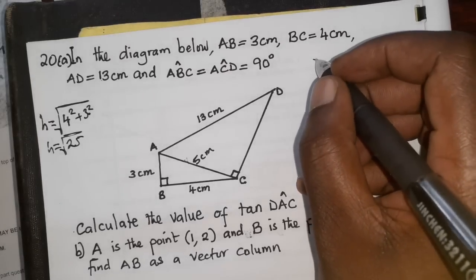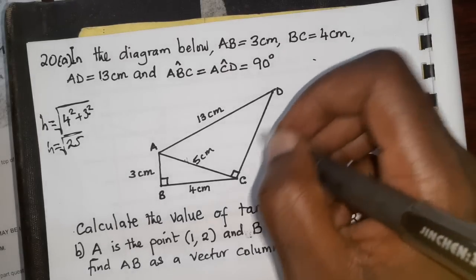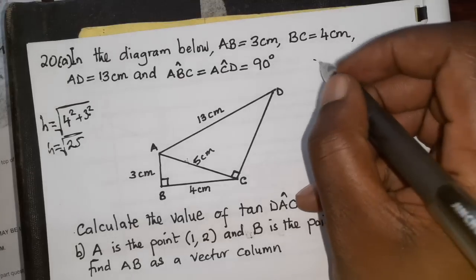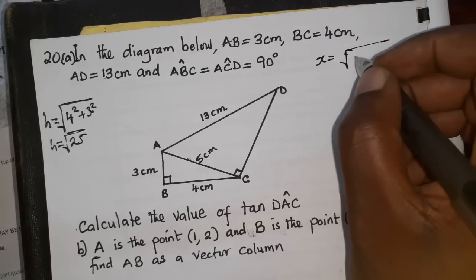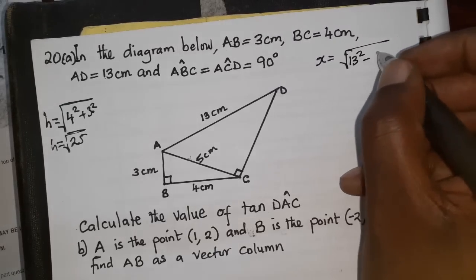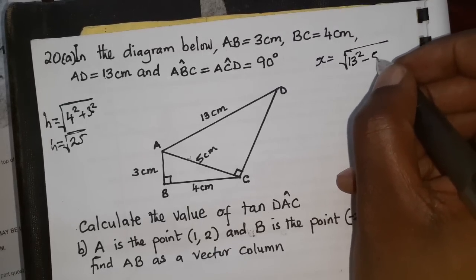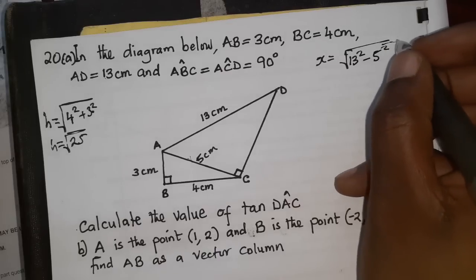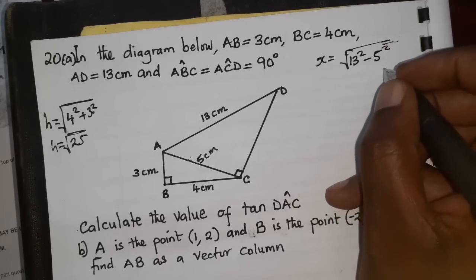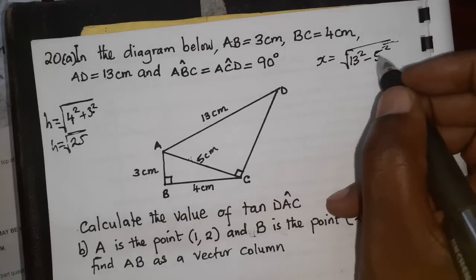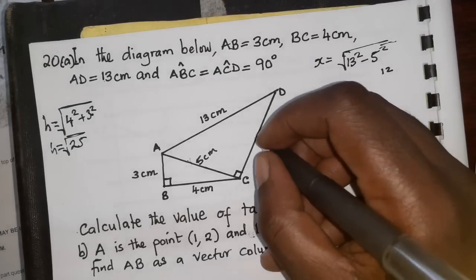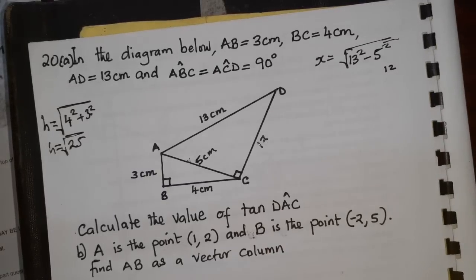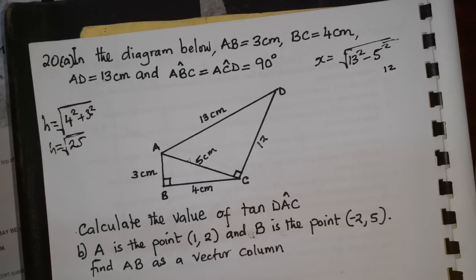We can call it x, and it will be equal to 13 squared minus 5 squared. Just do this and you will see that it's going to give you 12. You first get 144, then when you take the square root of 144 you get 12. So this is 12. That is very important for you.